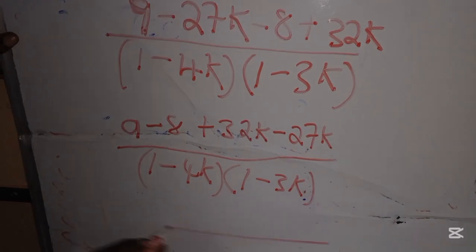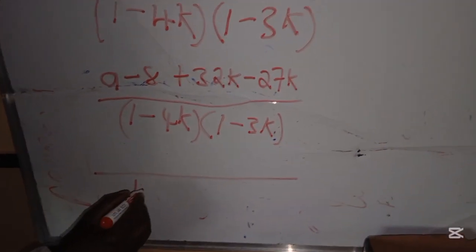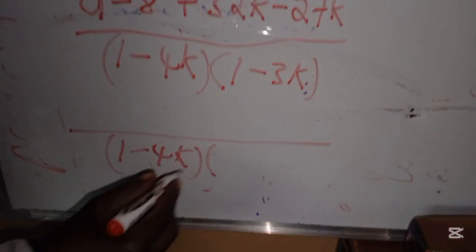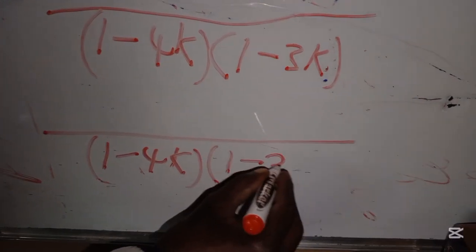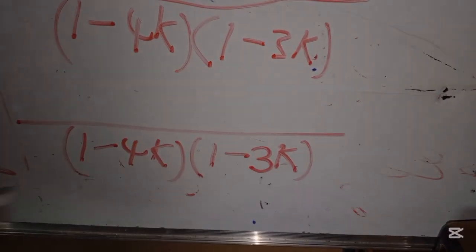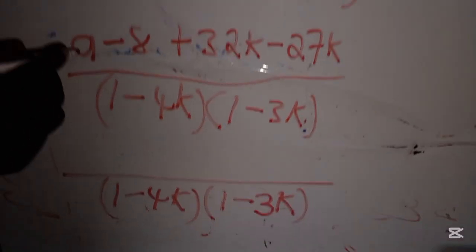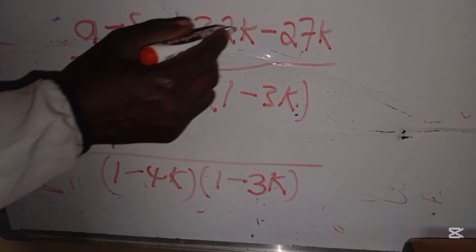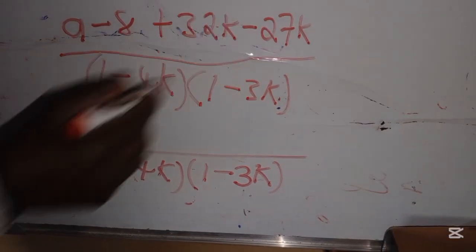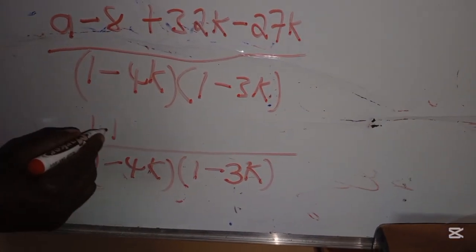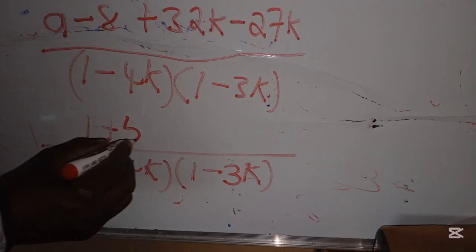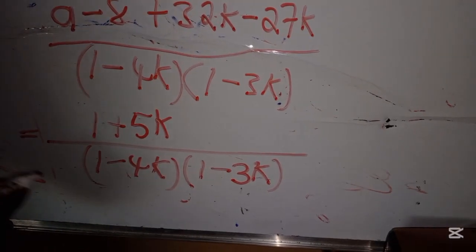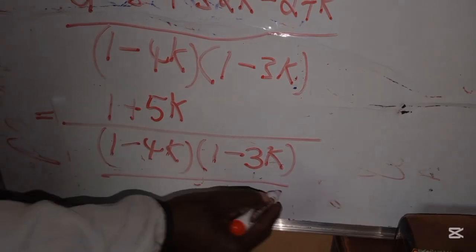You maintain your over, 1 minus 4k. Cameraman, kindly position your camera here so that my learners should enjoy this question. 9 minus 8 will be 1. 32k minus 27k, I will have a positive 5k. So what have I done? I've expressed it as a single fraction.